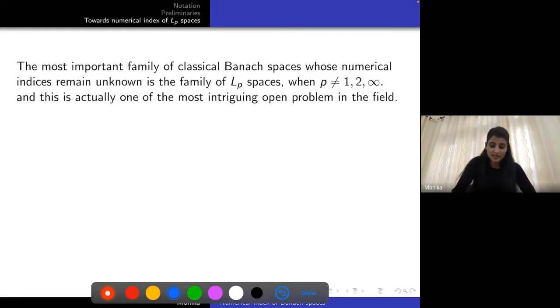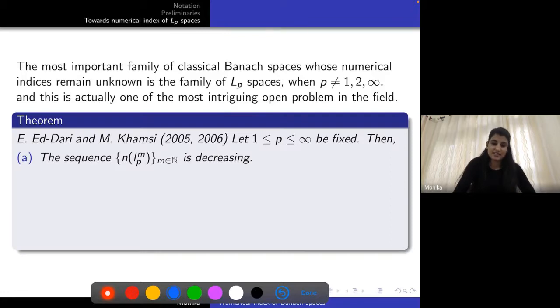Some progress has been made on this problem. Towards this problem, Ittari and Kamasi in 2005 and 2006 presented some results saying that if p is between 1 and infinity, the sequence of numerical indices of lp^m is decreasing. By lp^m, I mean we are taking m components instead of infinitely many like we do in lp.